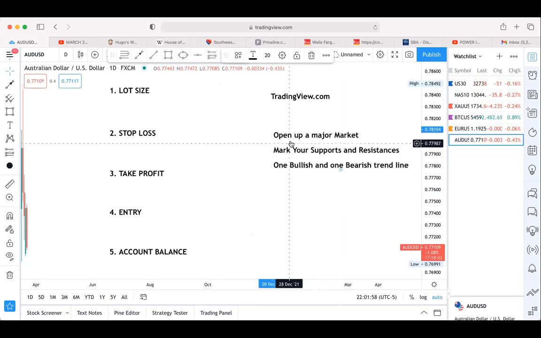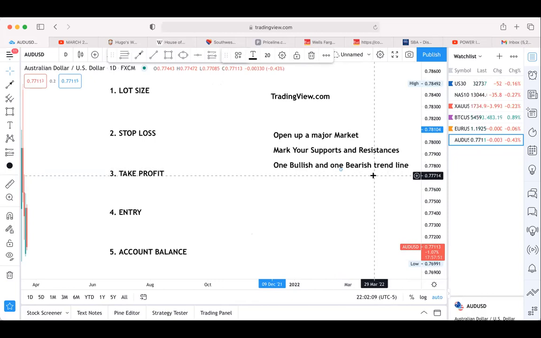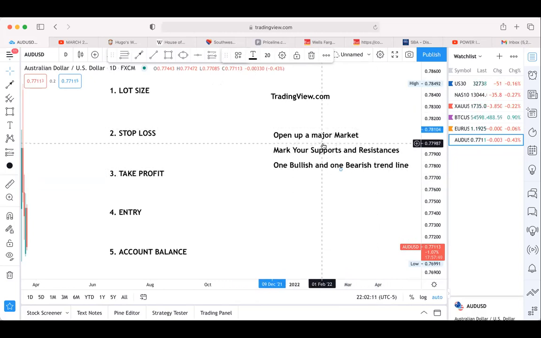This is your assignment. Open up a major market, mark your support and resistance, and then also mark one bullish and one bearish trend line. When you're done, I want it to be on the weekly time frame.